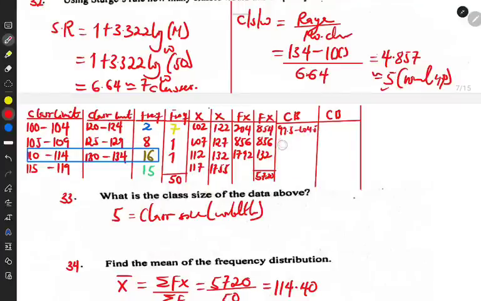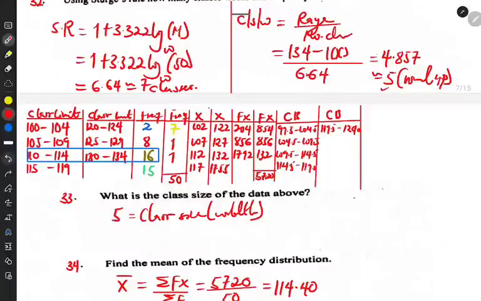Then the next one, 104.5 to what? 109.5. Okay. Then 109.5 to 114.5. Then the next one is what? 115 to 119 is supposed to have what? 114.5 to 119.5. Okay. Then 120, so here's supposed to be what? 119.5 to what?